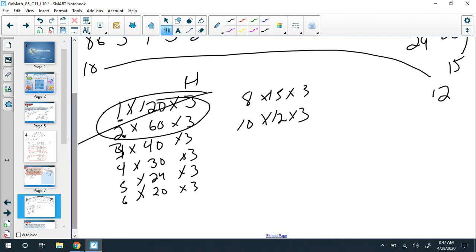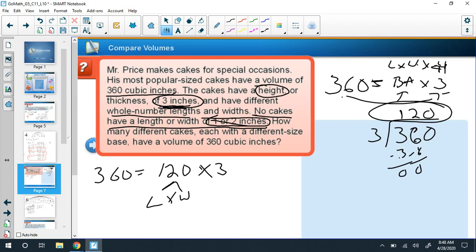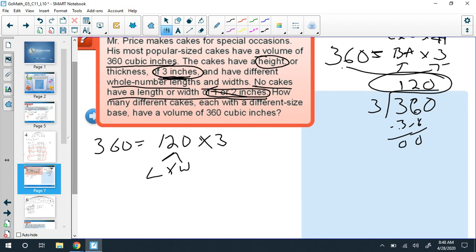So both of these are eliminated. I'm left with 1, 2, 3, 4, 5, 6 possible cakes. So how many of Mr. Price's cakes can he make that have a volume of 360 cubic inches, a height of 3 inches, and all of that good stuff? And the answer is we can make 6 different cakes.